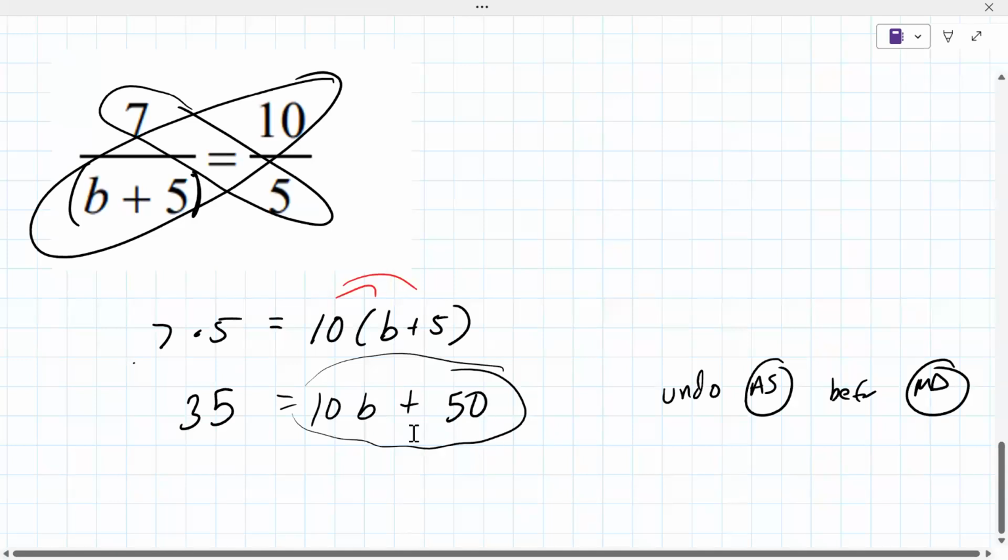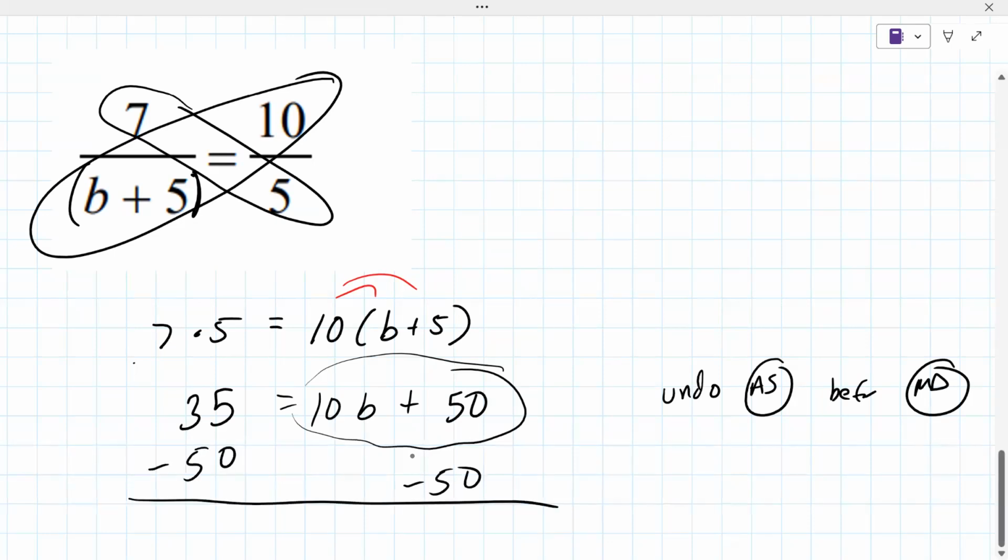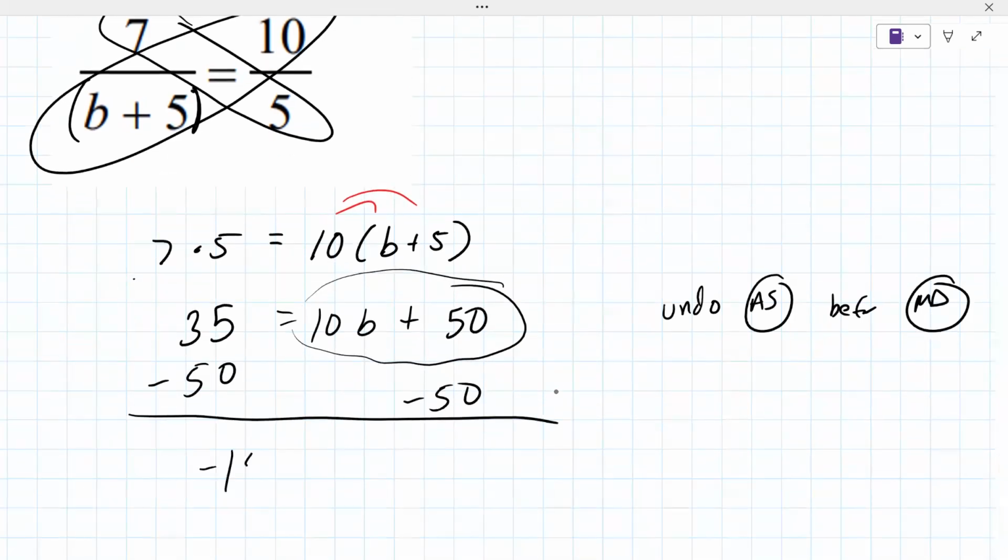How do you undo that? Subtract 50 from both sides. And then you'd get negative 15 equals 10b. So divide by 10.